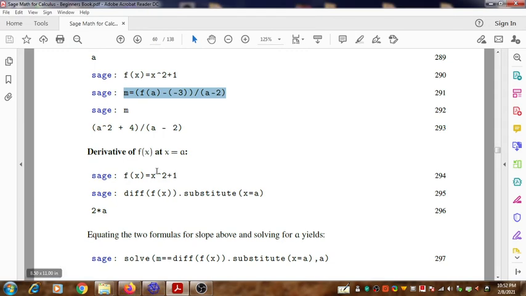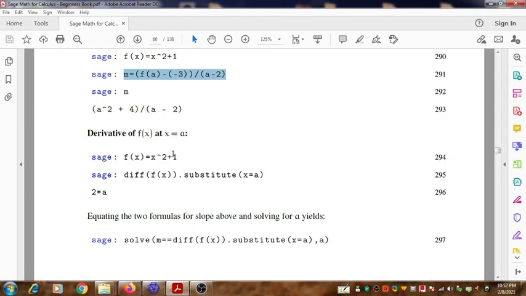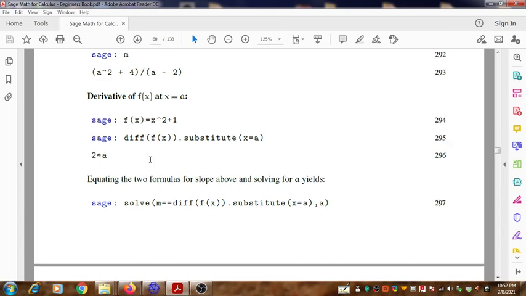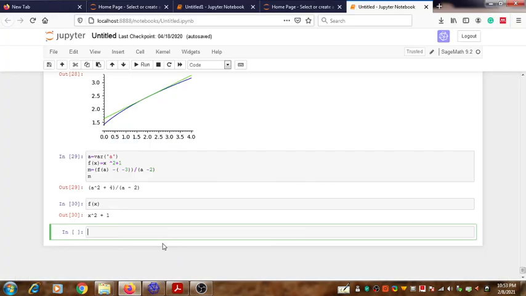So no problem, we can move to the next stage. And so we can avoid this fx equal to x square plus 1, that's a repetition, because currently that function is stored there. There is nothing to worry about, because that function is there.